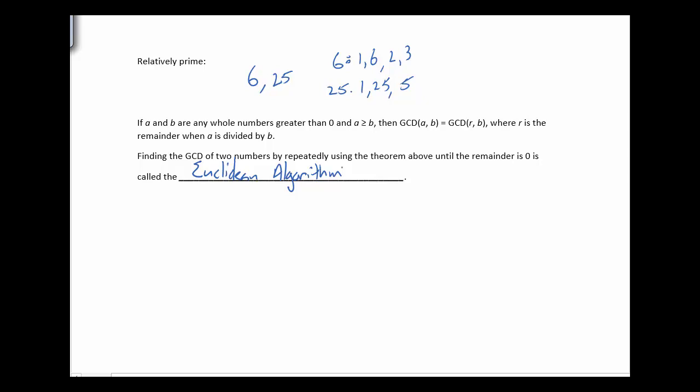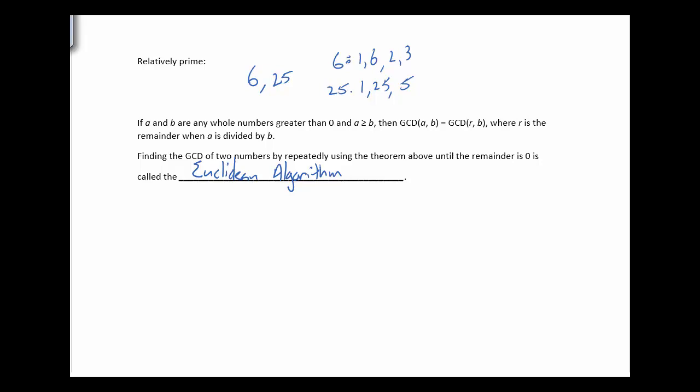Okay, so let me go back to my two numbers here, so you can see in a very simple sense what it's talking about. I want to go back to the 6 and 25 and show how this idea of the Euclidean algorithm applies to these simple numbers, and then we'll look at some more challenging examples. Let me make sure the conditions are set up.